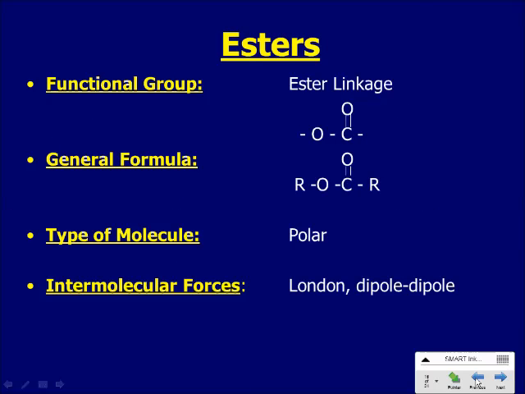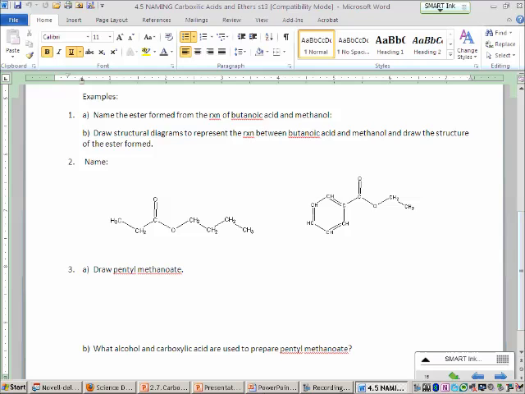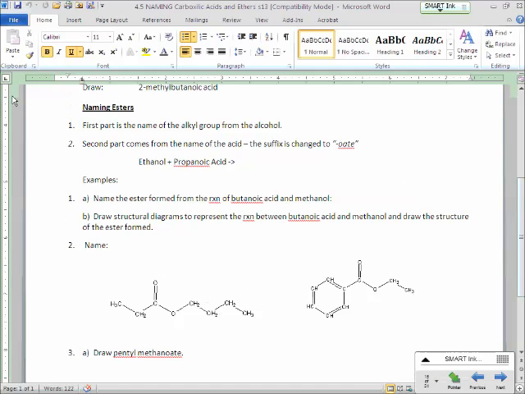Next, we'll go over quickly how to name these things. We've already talked about it, but let's do a little bit of practice, and I've already given you that sheet with the carboxylic acids, right? So I'm going to switch to that page there. So, naming esters. The first part of the name is the alkyl group from the alcohol, and we just talked about that. So you go to the alcohol, and you take a look at what's in there. The second part comes from the acid, except you change it to oate, right?